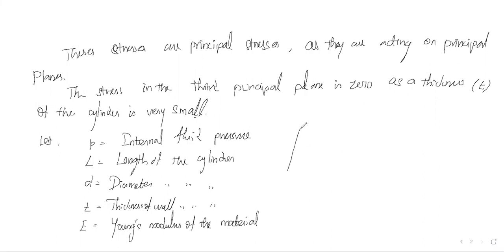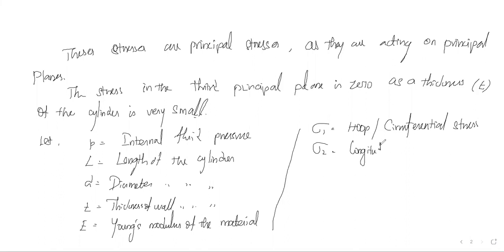Then sigma 1 is equal to hoop stress or circumferential stress. Sigma 2 is equal to longitudinal stress. Mu is equal to Poisson's ratio. Del D is nothing but the change in diameter due to stresses.